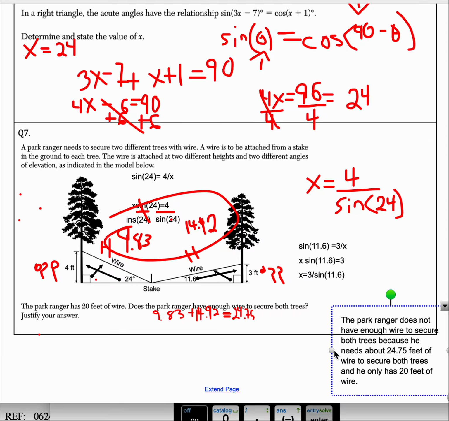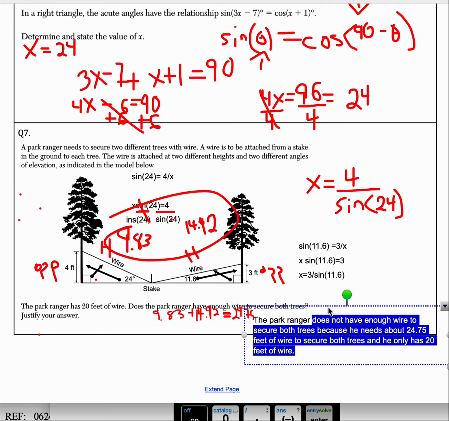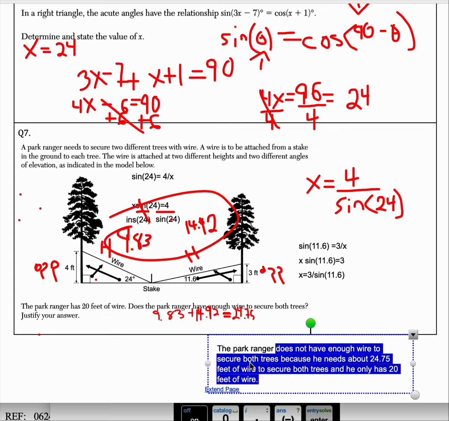Okay, that's enough. You don't have to write a book. You show the math, and the math supports your answer. So even if you just put that the park ranger does not have enough wire, it's because you showed the math there.